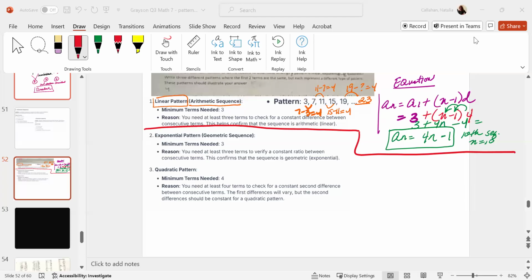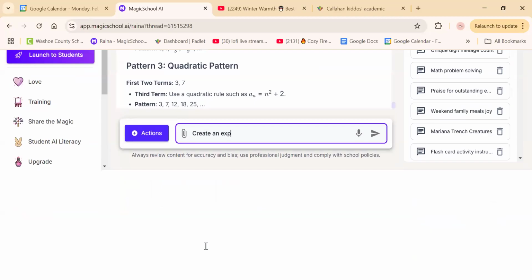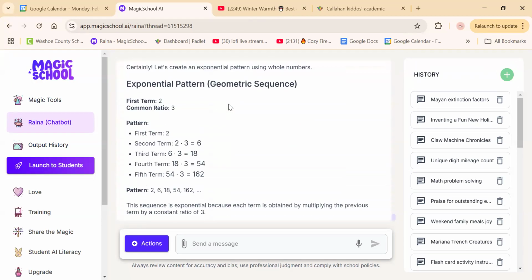All right, so for exponential, let's see. I don't like that one. Did you create one on your own? With whole numbers. I don't like the one that we have there because it has fractions, like you're multiplying and dividing by 7 over 2 or 3, right?